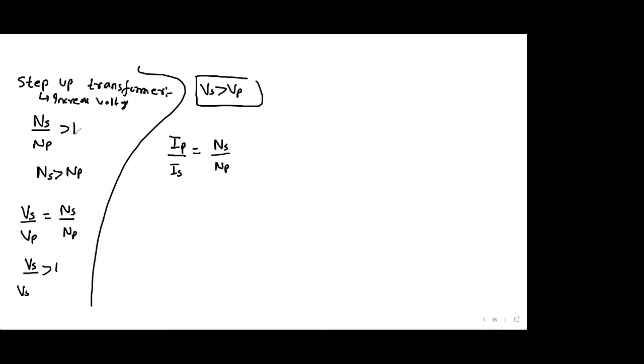If Ns by Np is greater than 1, that means Ip by Is is greater than 1. If it is greater than 1, that means Ip is greater than Is, or I can say that Is is less than Ip. So see, it increases voltage, but it decreases current.